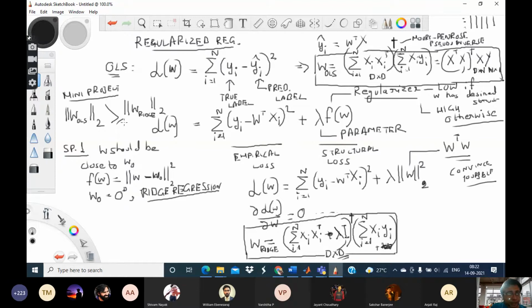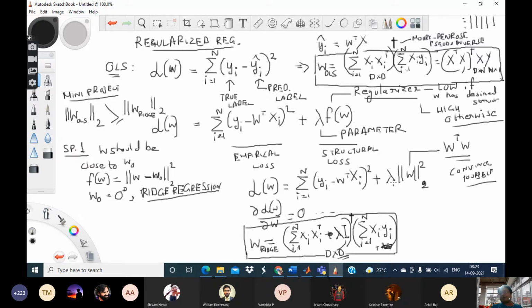So ridge regression is likely to give you a W which has a smaller L2 norm than W OLS, but at the same time the error you will incur is likely to be higher than in OLS. The amount of difference in the L2 norms as well as in the error will depend on two things. One is the nature of the data set, the other is this lambda.